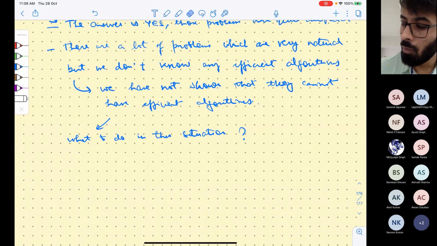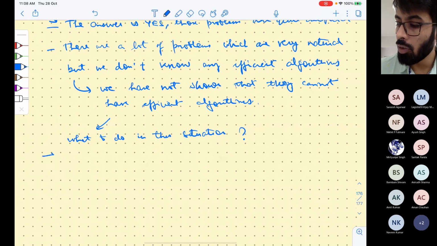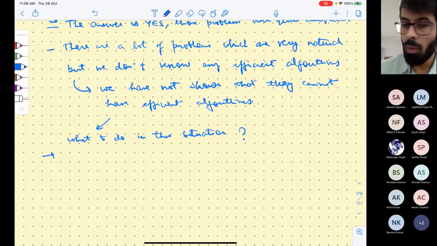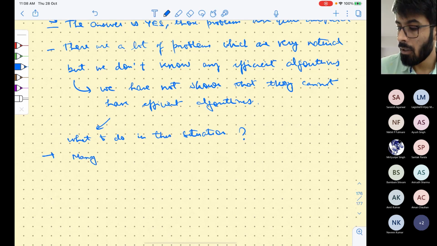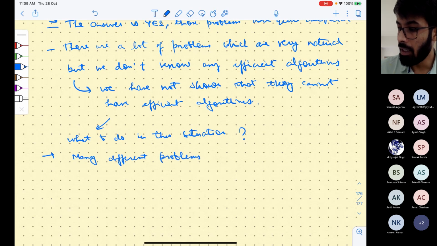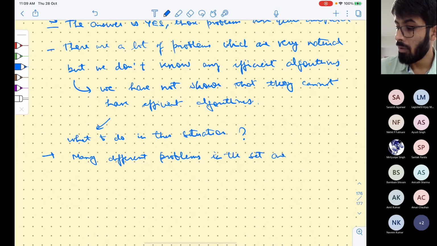One way to look at this situation can be that we can look at the problems which are sort of related. Can we give some ordering among the problems? So many different problems in this set are related to each other.